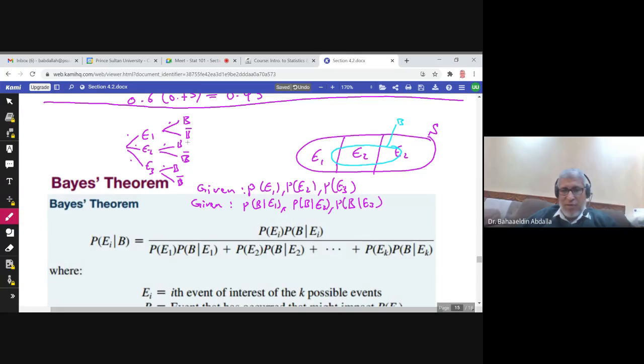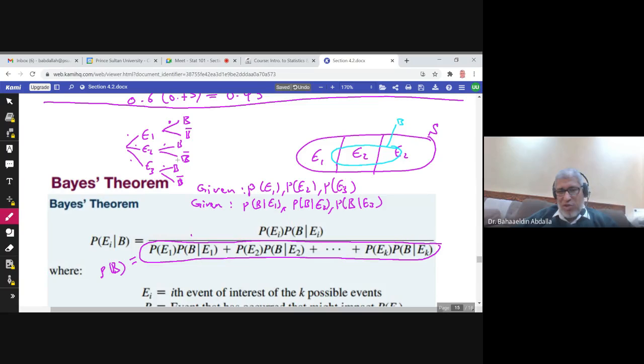And to find probability of B, what would it be? It would be this one, what is written below, the denominator. To find probability of B from the tree diagram, it's probability of E1 times probability of B given E1, plus probability of E2 times probability of B given E2, plus probability of E3 times probability of B given E3.